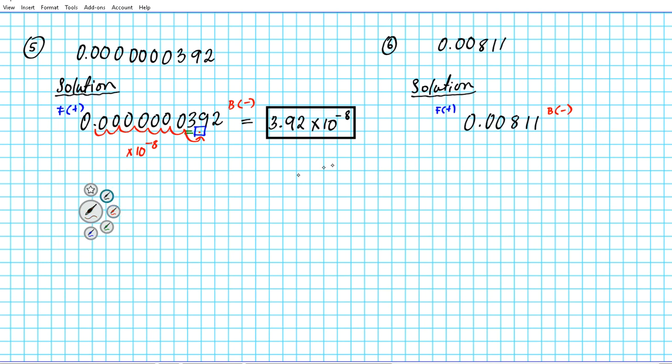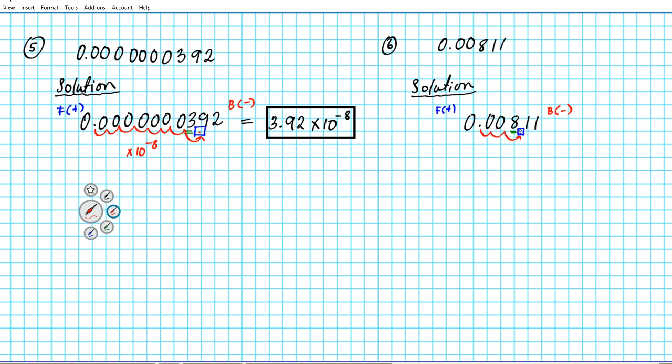Alright, so the target is the first digit, which is 8. We want our decimal point behind the first digit. We want our decimal point right here. So how many places and in what direction do we move the decimal point to achieve that? We're going to move it to the back. How many places? 1, 2, 3.